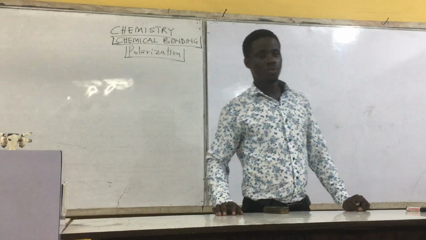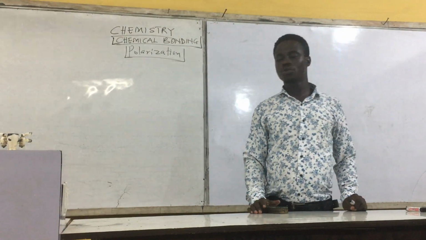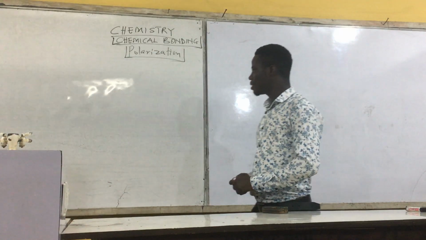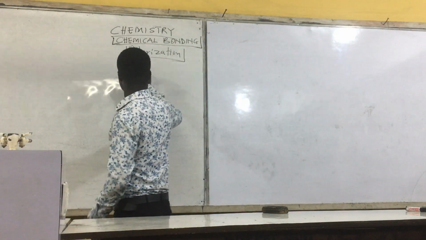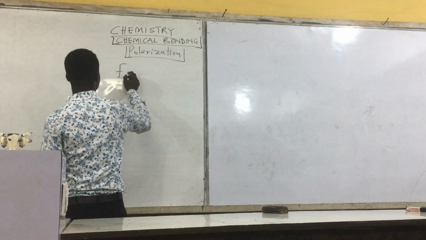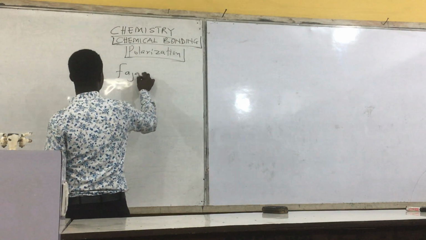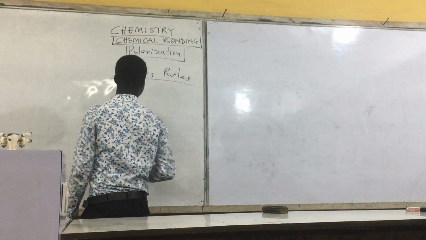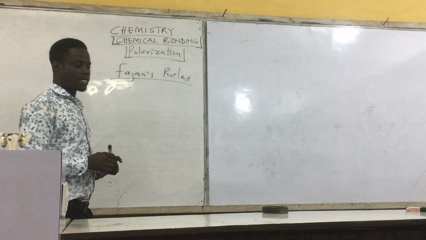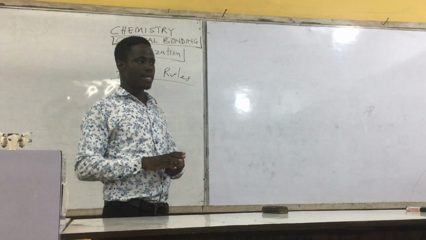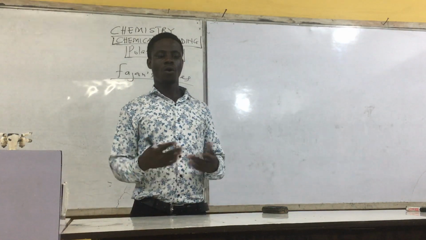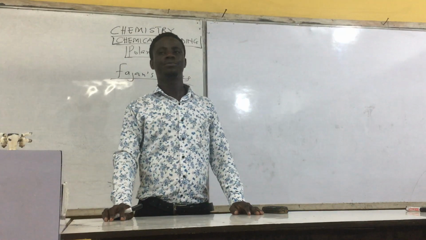There are certain rules we need to observe when it comes to polarization. In this case, there is a scientist whose rules we are going to follow, which are called Fajans' rules. Fajans will help us with a few rules to understand how to group these, knowing the one having higher polarizing power or higher polarizability.